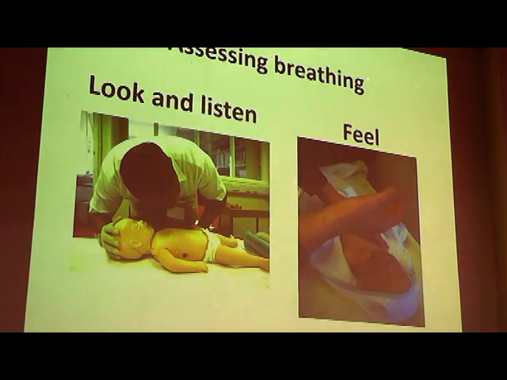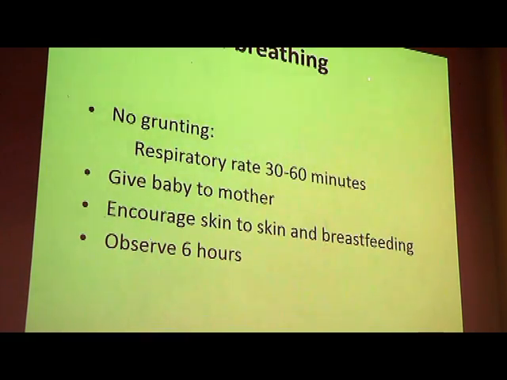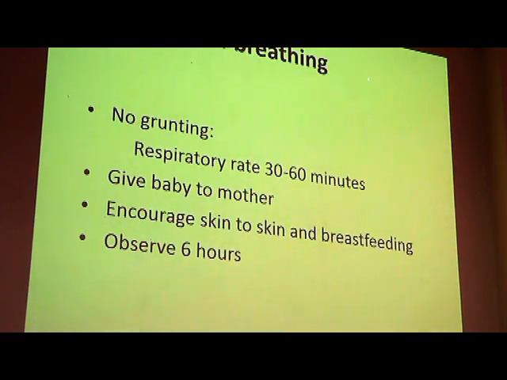If the baby is breathing, with no grunting and a respiratory rate of 30 to 60 per minute, there is no life-threatening condition. You can give the baby to the mother for breastfeeding and skin-to-skin contact, and keep the baby under observation until stable for 6 hours.